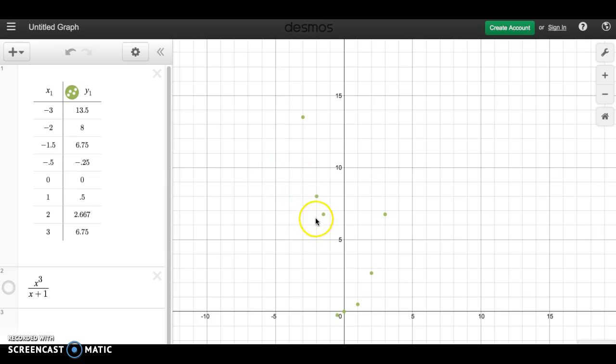So you might want to come up with some more points closer in, because you need to find where the vertical asymptote is, and remember that was when the denominator equals 0, so around -1. So they jumped to the -1.5 and -0.5 because those were the closest values they wanted to get to -1. They were half a unit away on either side of it.